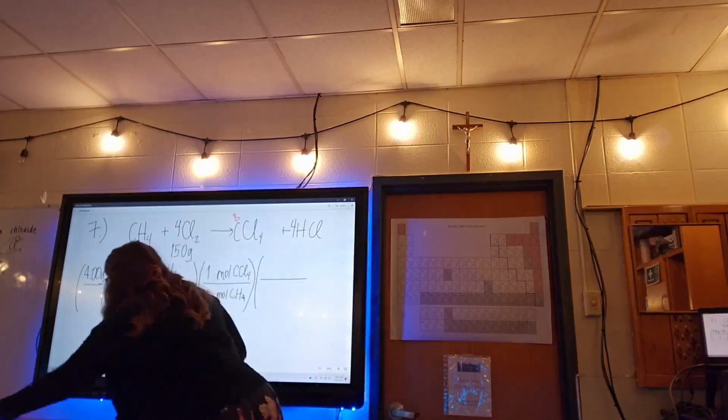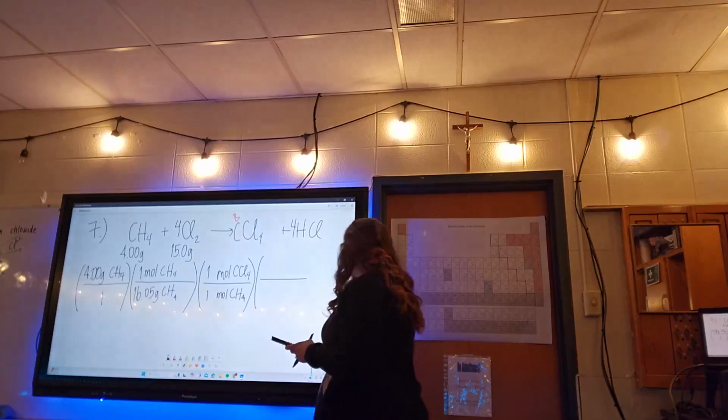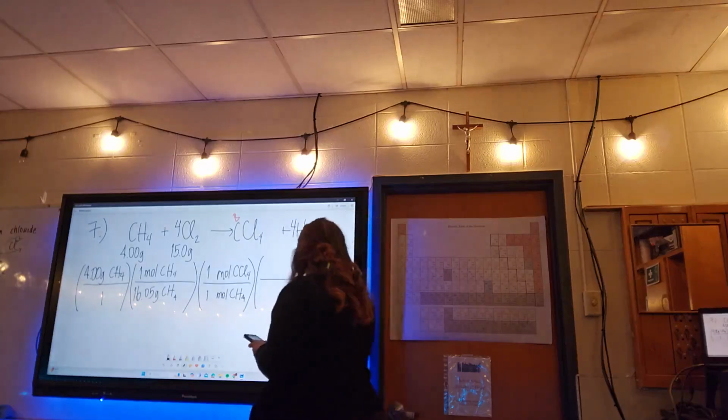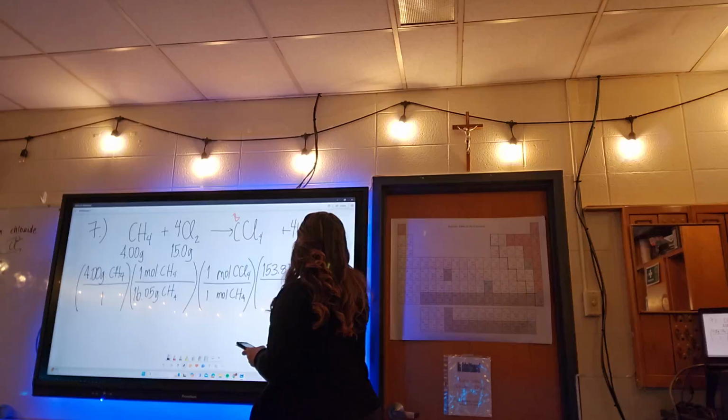The formula weight for CCl4, chlorine is 35.45. I get 153.81 grams of carbon tetrachloride.